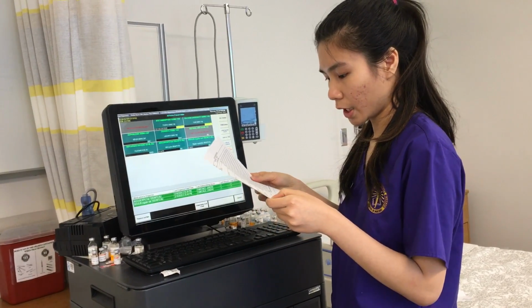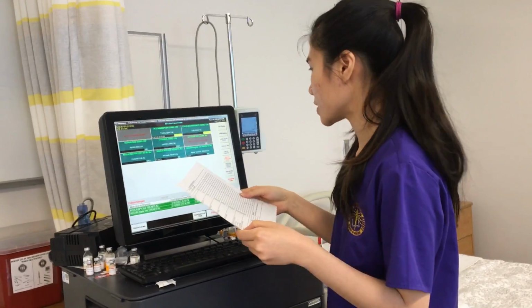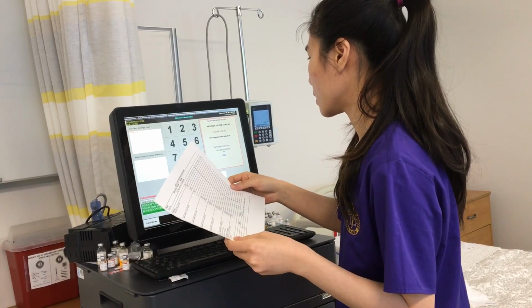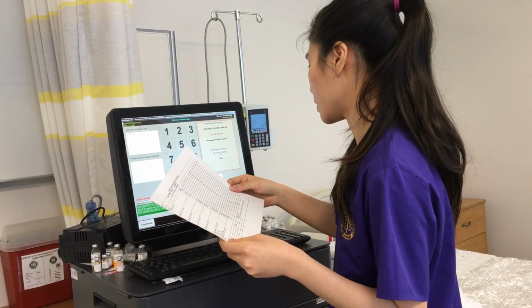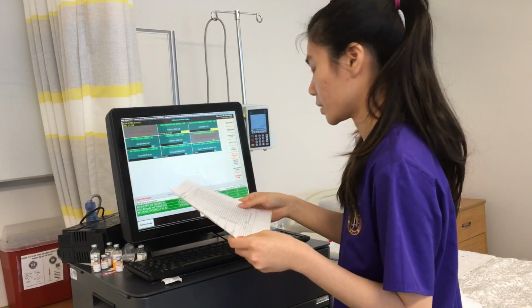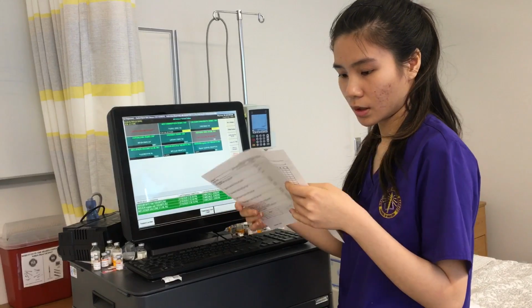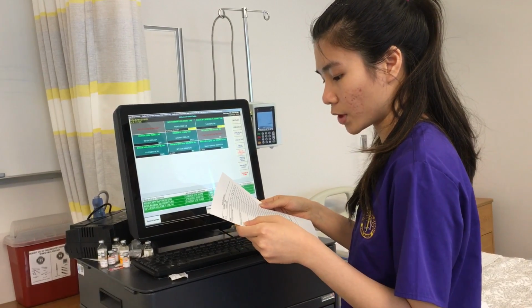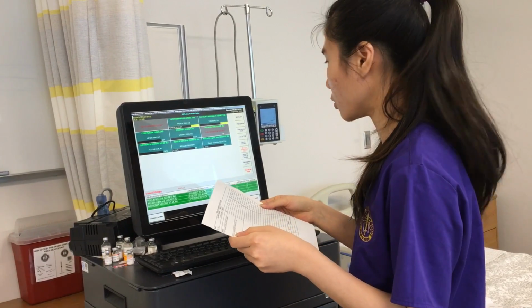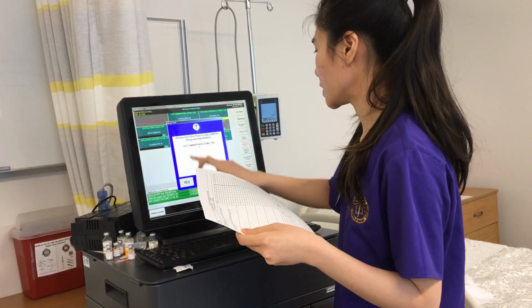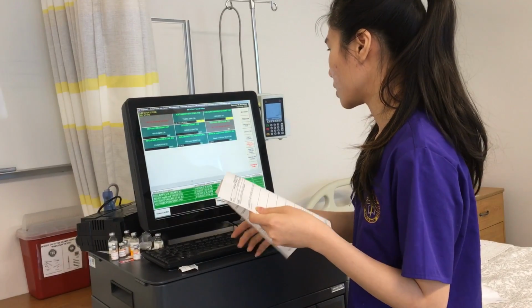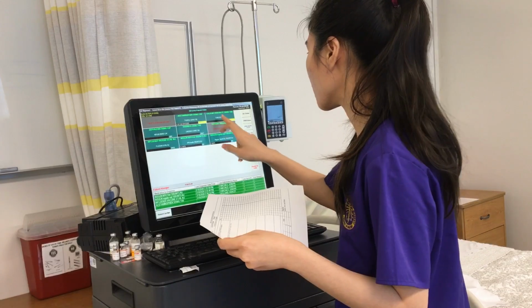My patient has an order of influenza vaccine. She also has orders of calcium carbonate and acetaminophen as needed. So I would draw out each one. And calcium.